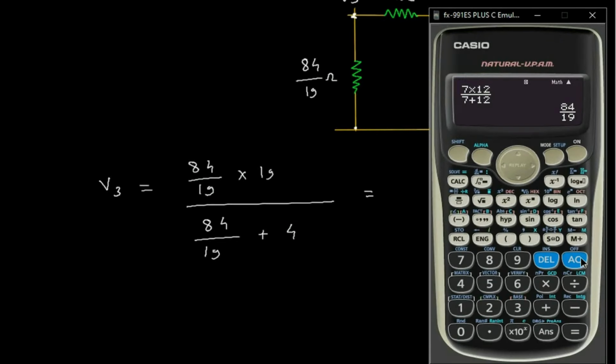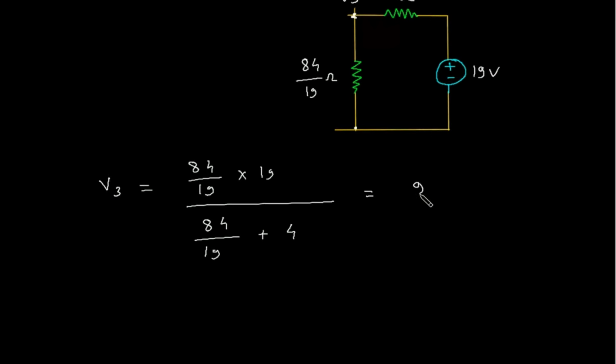So this is 84 by 19 into 19, divided by 84 by 19 plus 4. This is equal to 9.975 volt.